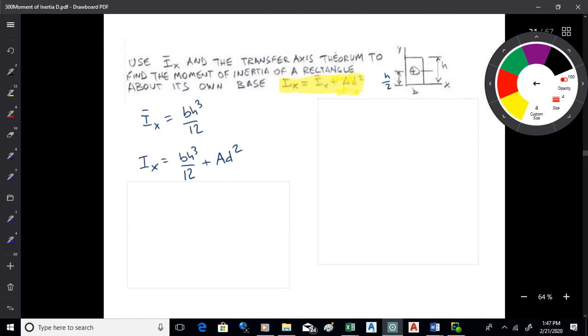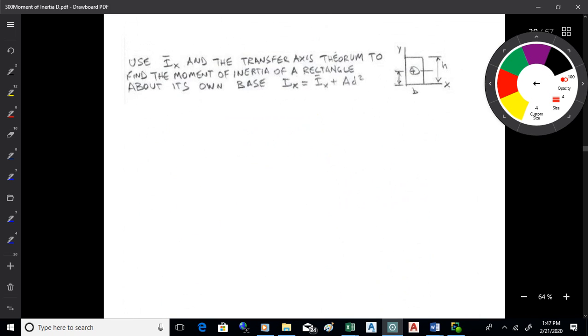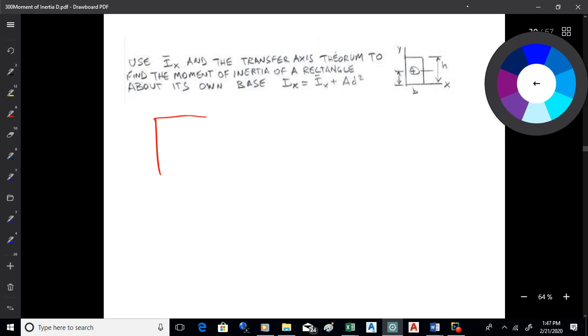So, why don't we use the transfer axis theorem to find the moment of inertia of a rectangle about its own base. So let's go back to that page we were on, page 720. So what we're going to have is a rectangle.